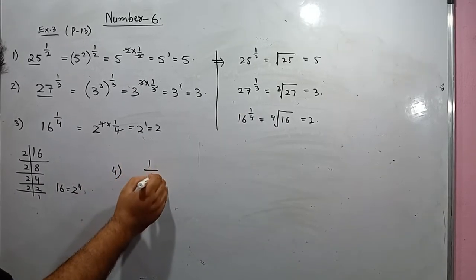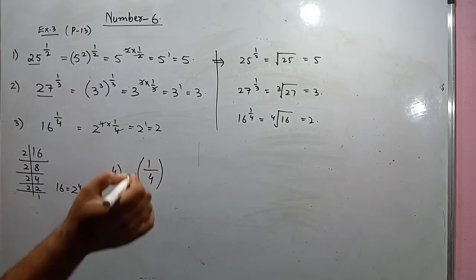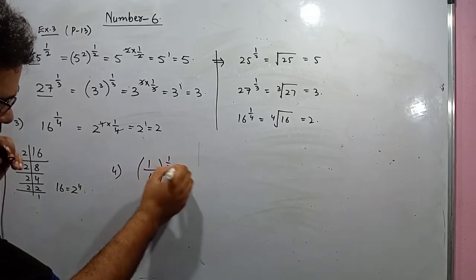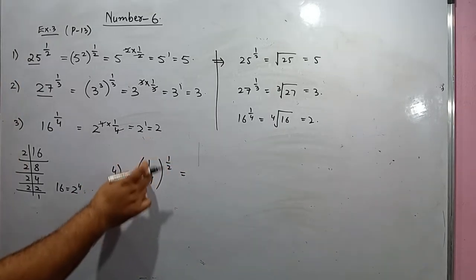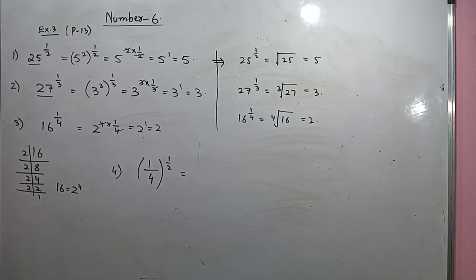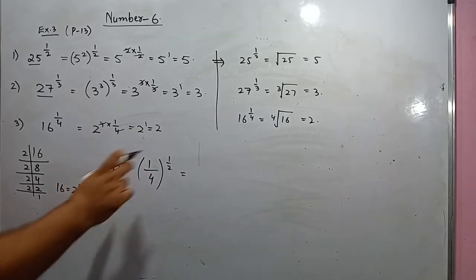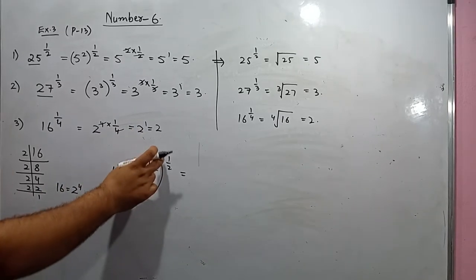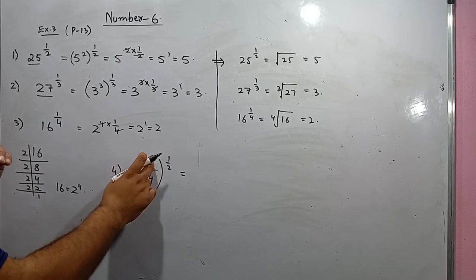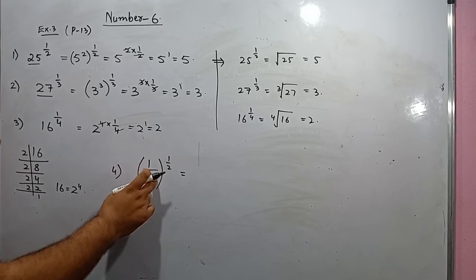Fourth one is 1 by 4 whole power 1 by 2. When we have the numerator and the denominator and we have the power, it means this power is for 1 as well as for 4.